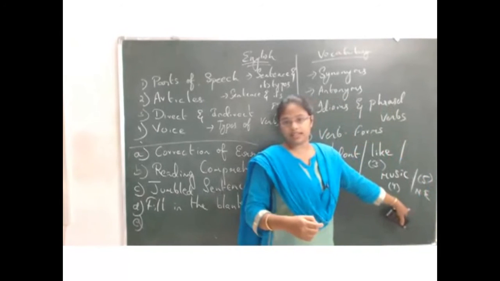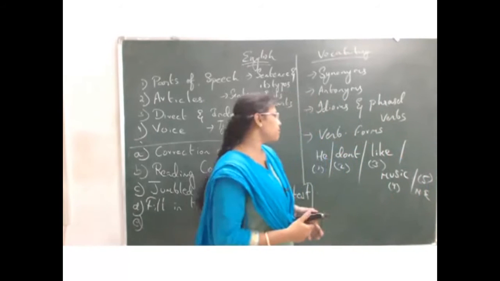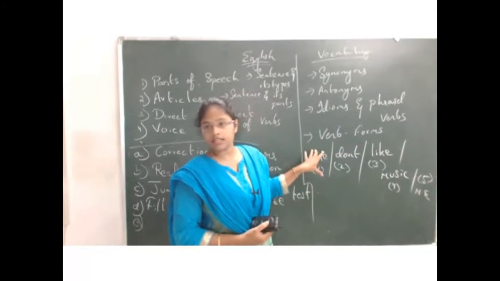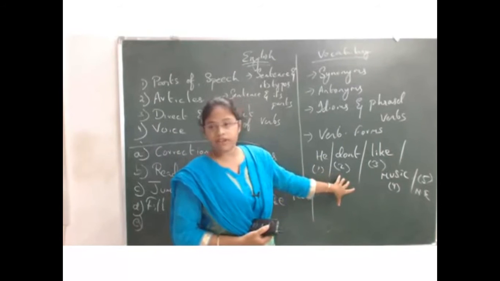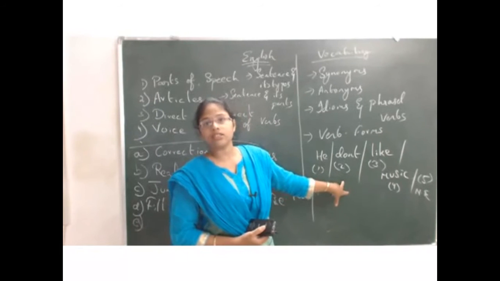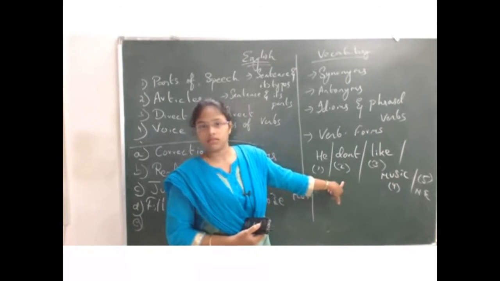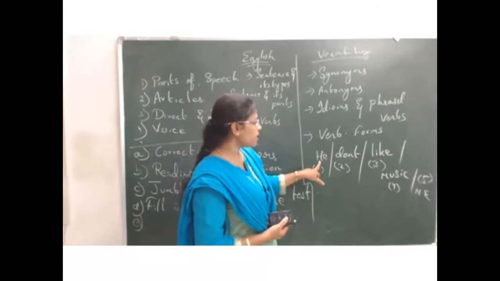So NE means no error. In your examination, they'll give a sentence like this, and this sentence will be divided into 5 parts. What you have to do is identify where the error lies, and that should be given as your option.